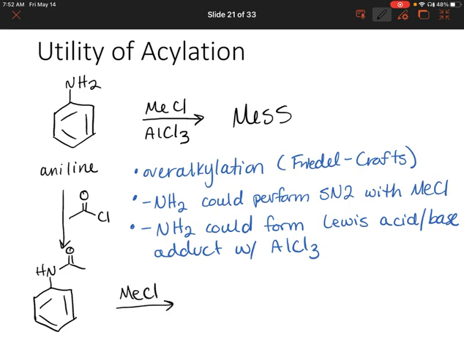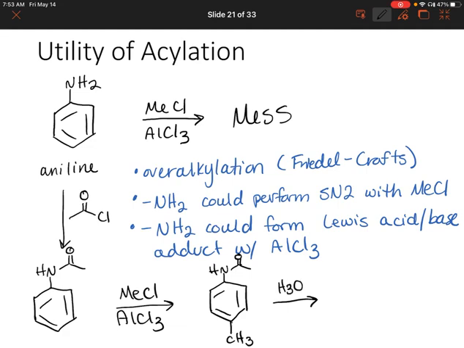We'll add in our same Friedel-Crafts alkylation reagents. And then, similar to the reaction we saw on the last slide, the methyl group will add to the para position. And again, we can just use acid and heat to remove the acyl group at the end.